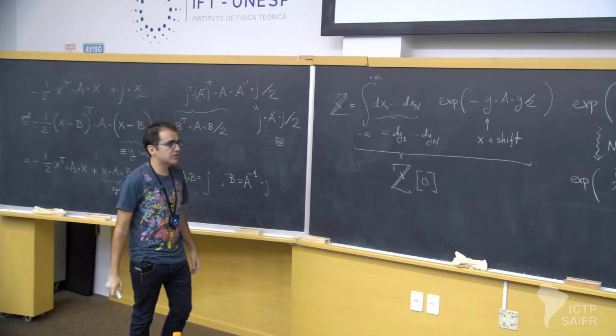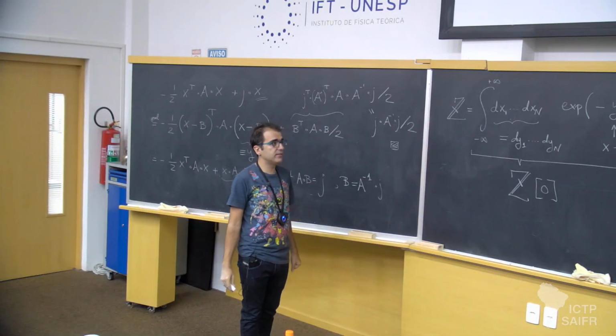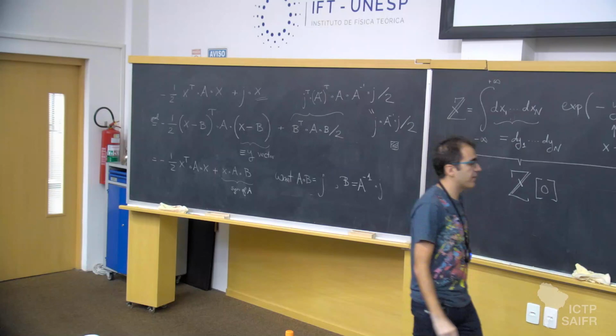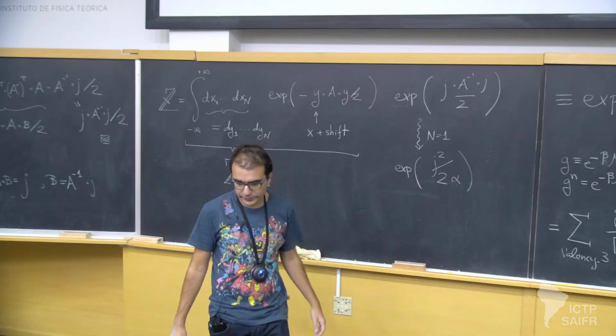N is just a number, j square, and the inverse of a is just 1 over a. But otherwise, it's this more interesting result.